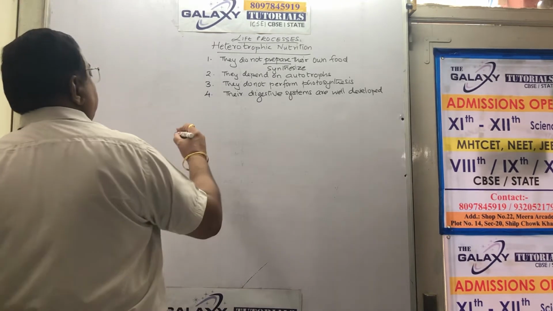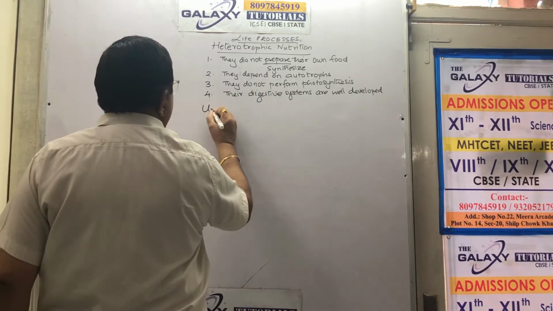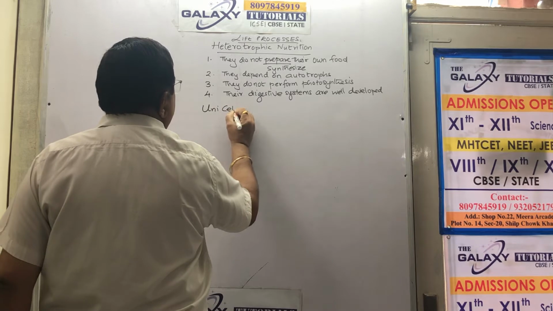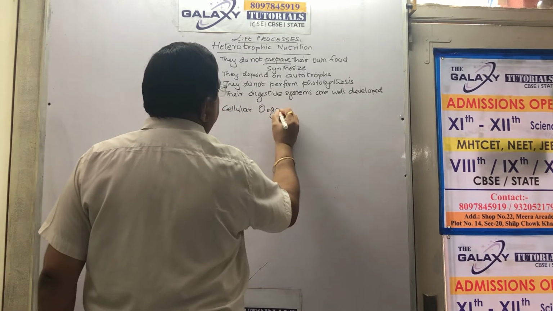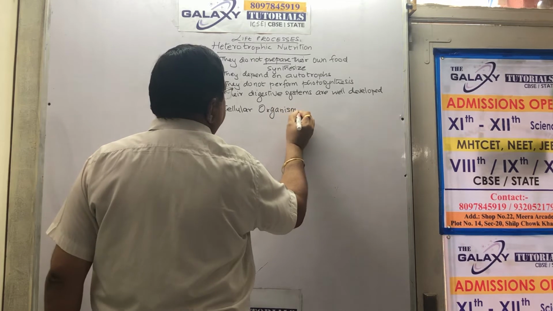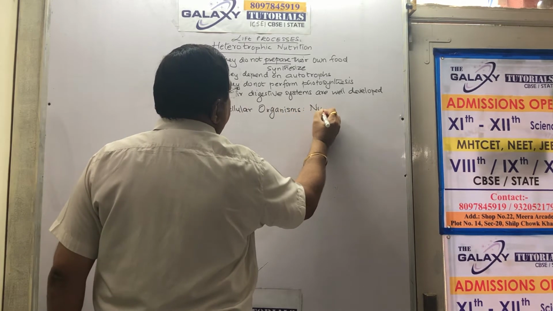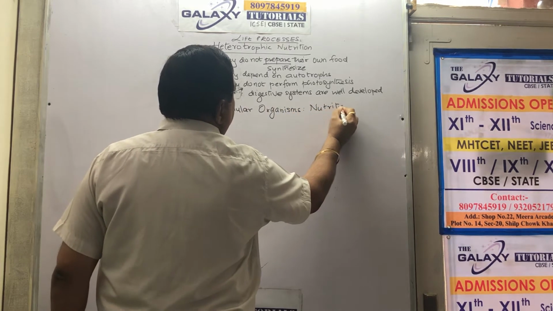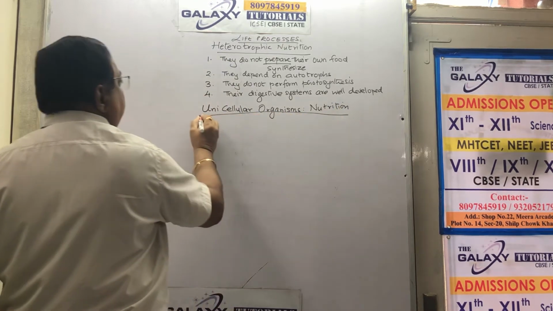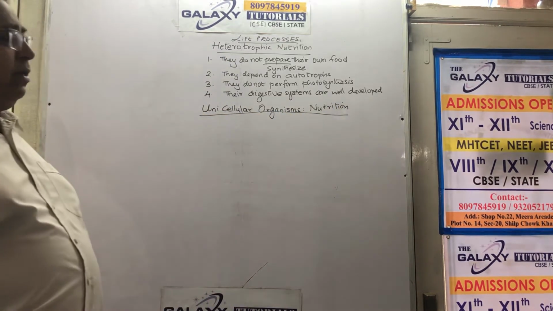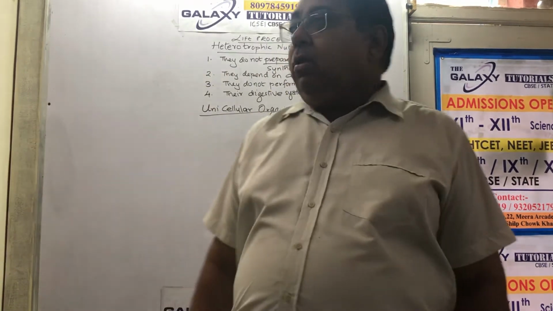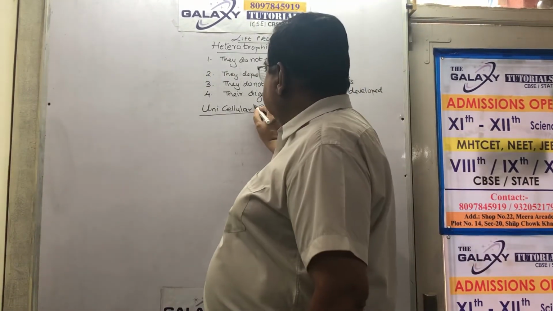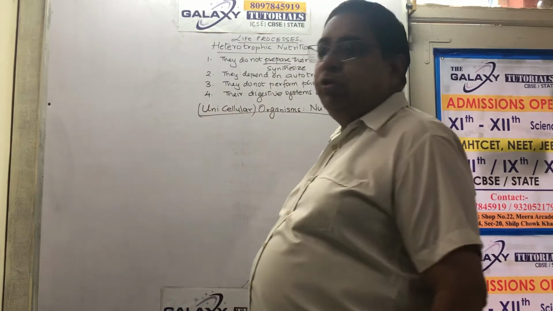Then the book goes on to say, how do unicellular organisms find their food? How do they get their food? So we have to see nutrition in unicellular organisms. We are basically seeing organisms, but first we are seeing unicellular.